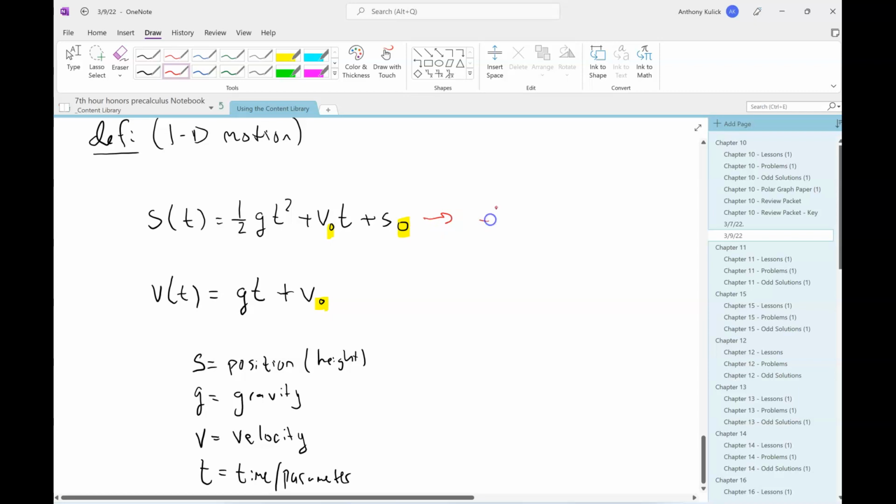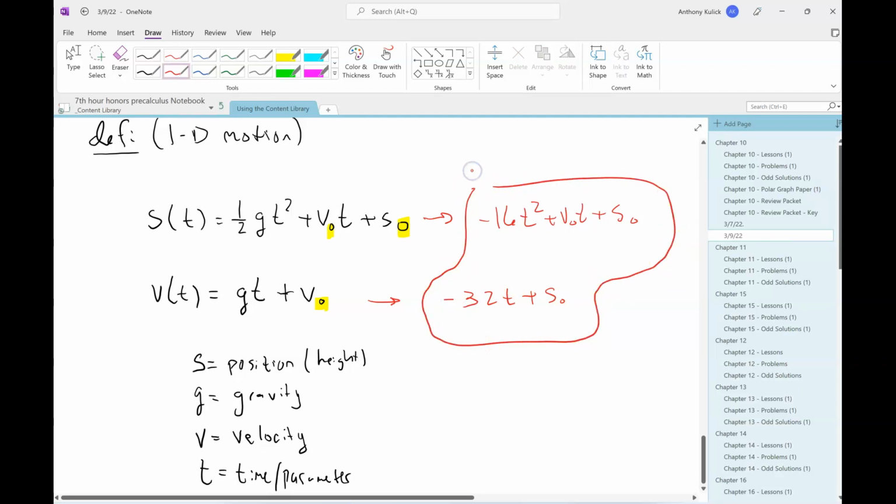So really, this first equation becomes -16t squared plus V naught t plus S naught. And this second equation becomes -32t plus V naught. Everybody okay there?